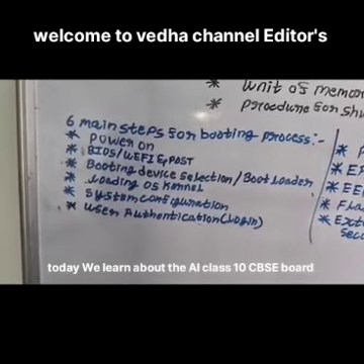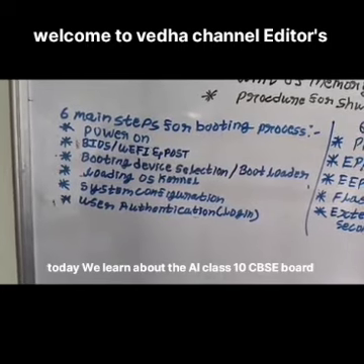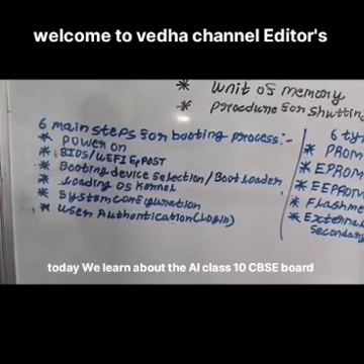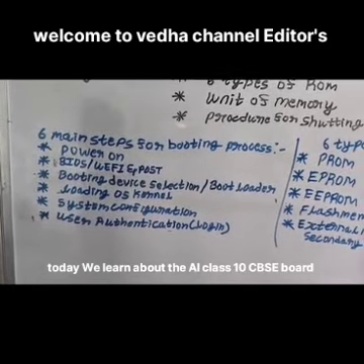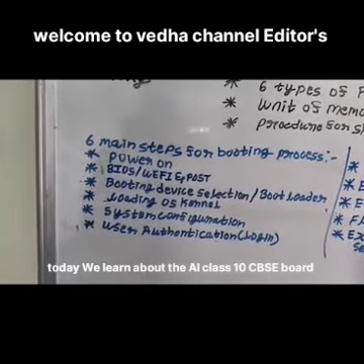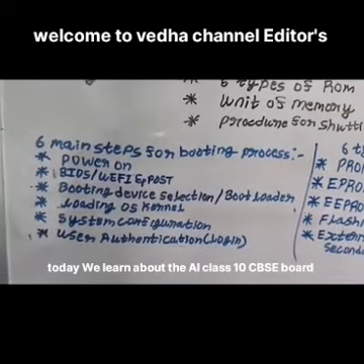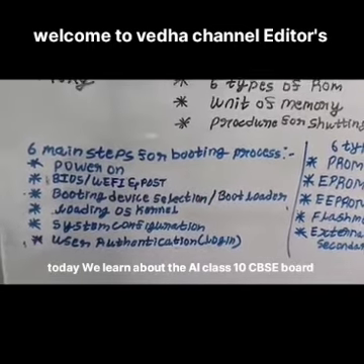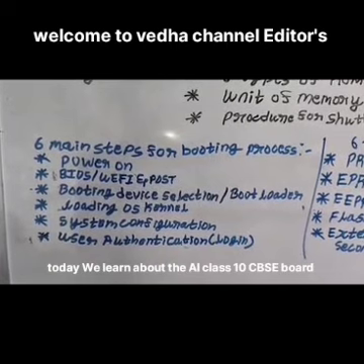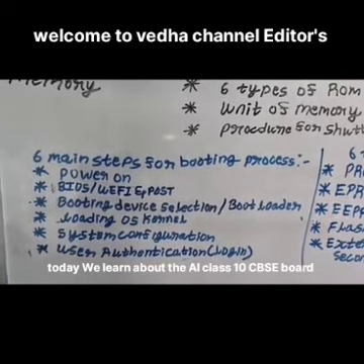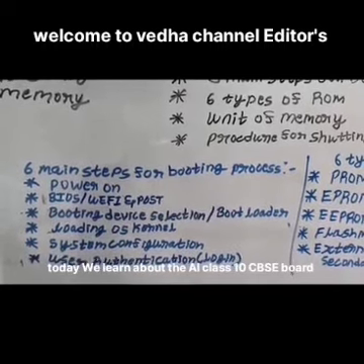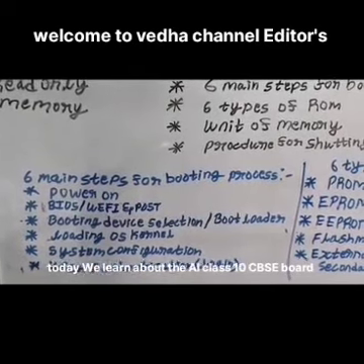Loading the OS kernel. The bootloader then loads the OS kernel, the core of the OS, into the main memory, RAM. The system configuration: the kernel starts utilizing hardware, loading drivers and running essential system services and background programs.